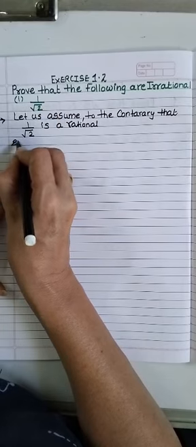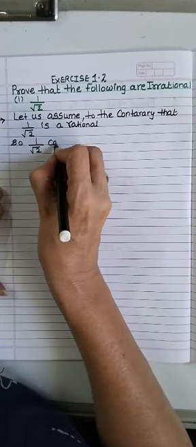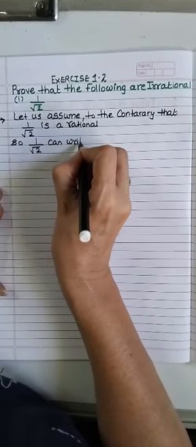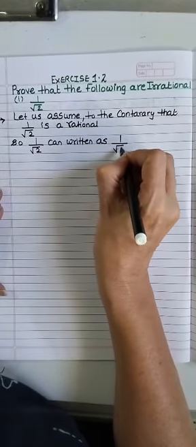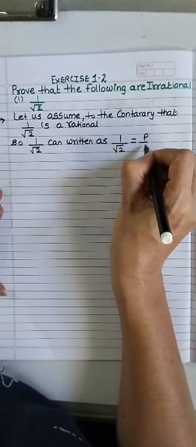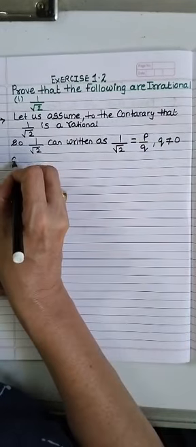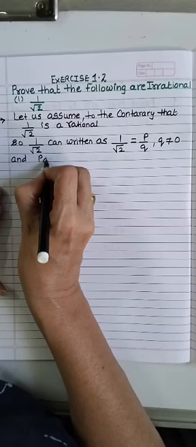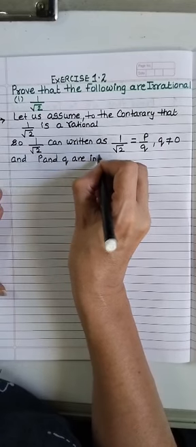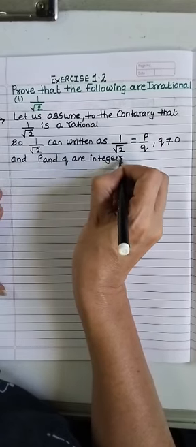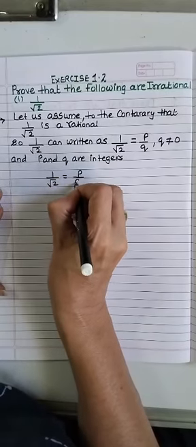So 1 upon root 2 can be written as 1 upon root 2 is equal to p upon q, where q is not equal to 0 and p and q are integers.